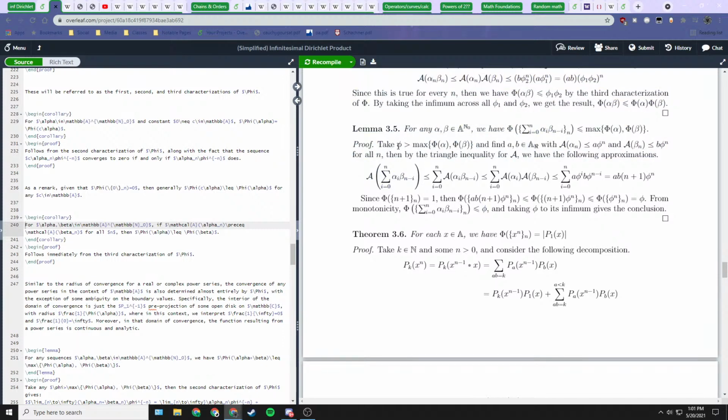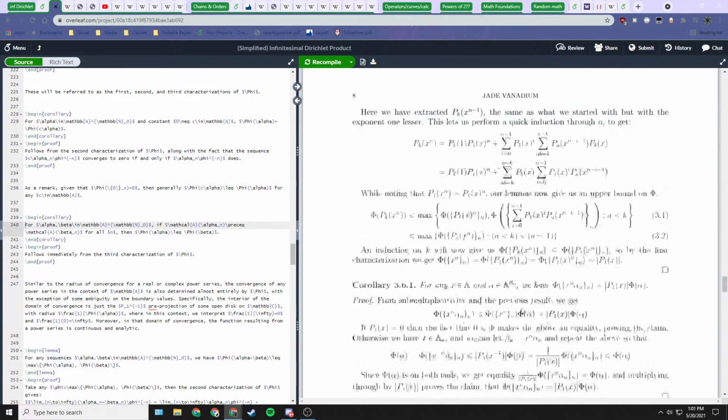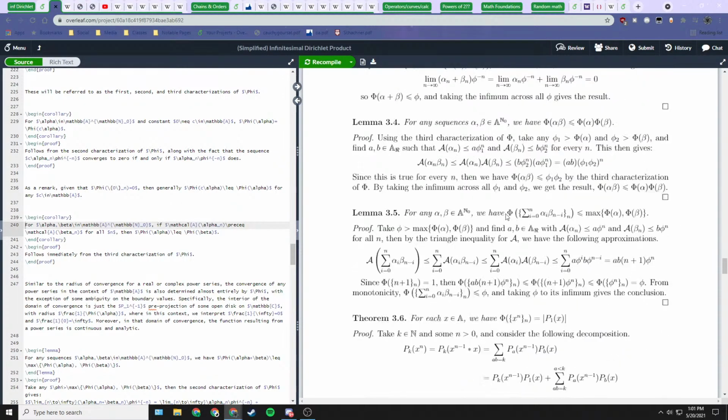And because we only restricted phi to be greater than the maximum of these two terms, we can just take it to the infimum and we get the result. So this rising falling sum is bounded by the maximum of the phi value of this one and the phi value of this one. Whichever one is larger will bound this summation. And that makes this theorem, with all these corollaries and lemmas, really easy.